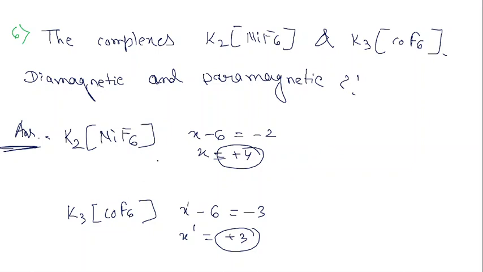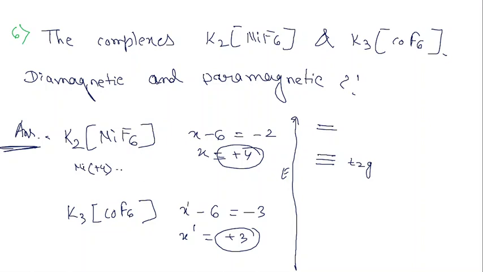These are octahedral complexes; you can say from the structure that they are octahedral. There are 6 ligands coordinated with the metal center. Now we have to draw the d orbital splitting diagram. In an octahedral field the d orbitals split into t2g and eg sets. Okay, let's draw the t2g and eg set for nickel 4+.